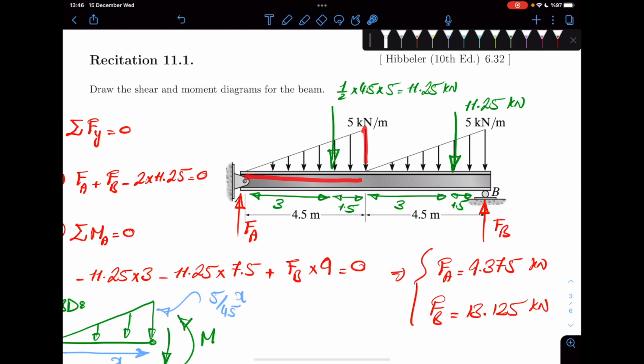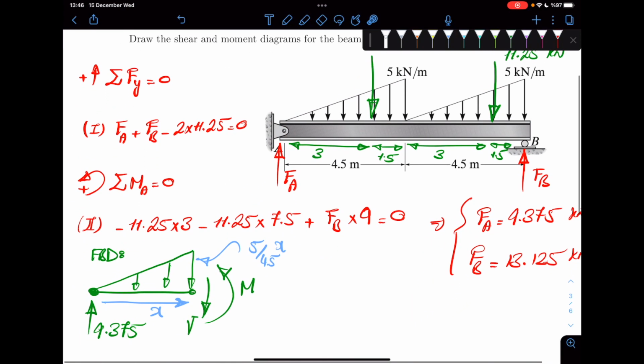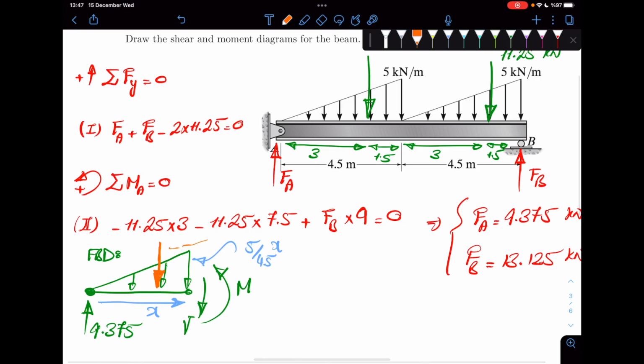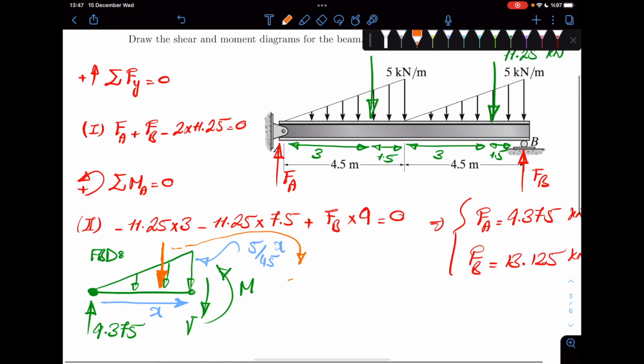5 divided by 4.5 is the slope of the line, so you multiply by that x, and you get this. If you wanted to replace this distributed force with a single force here, that single force would be the area of this triangle, which is 1/2 times x times 5 divided by 4.5x.